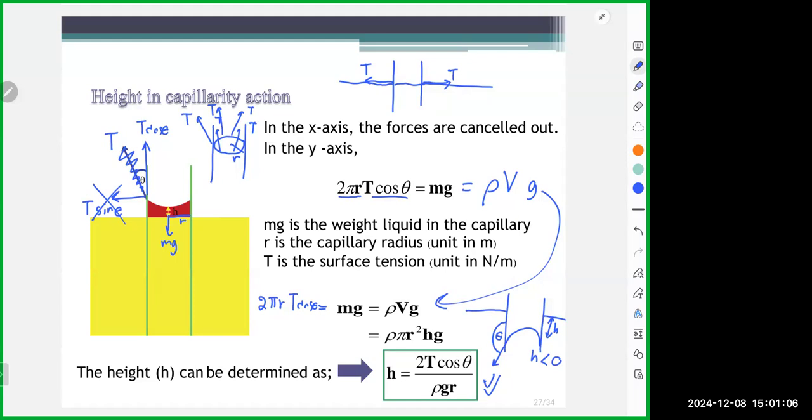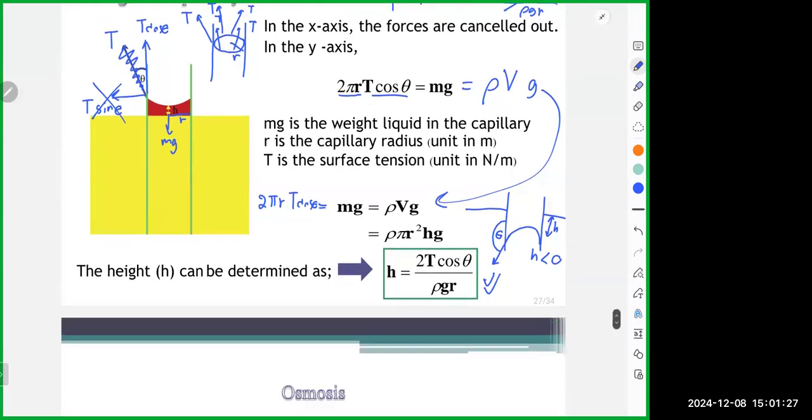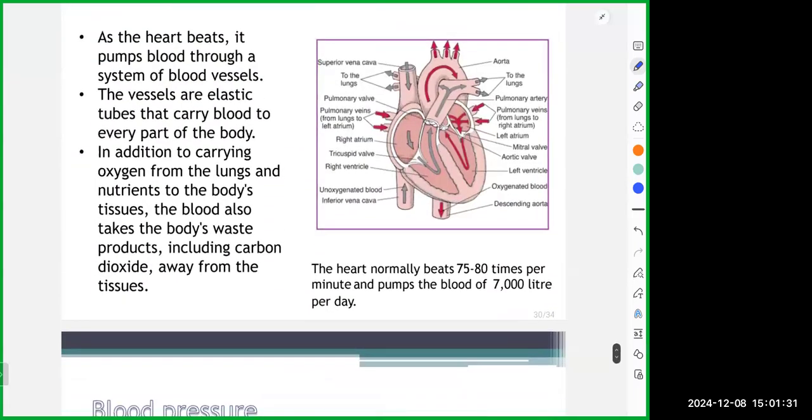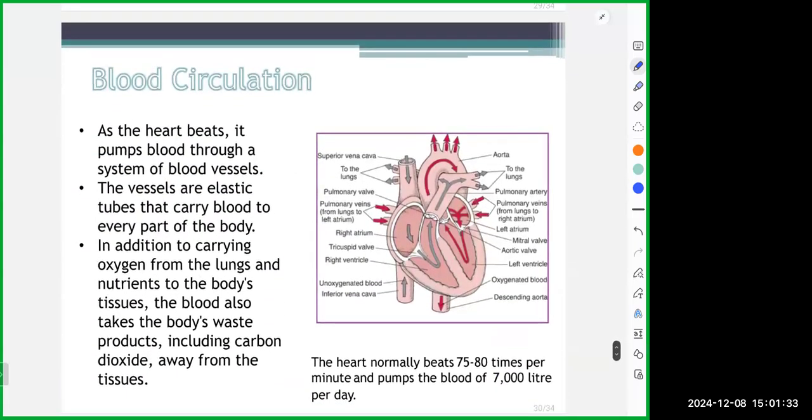In this case, theta equals 90 degrees and h equals 0 because cos of 90 degrees is 0 here. Okay, and the rest is for further reading.